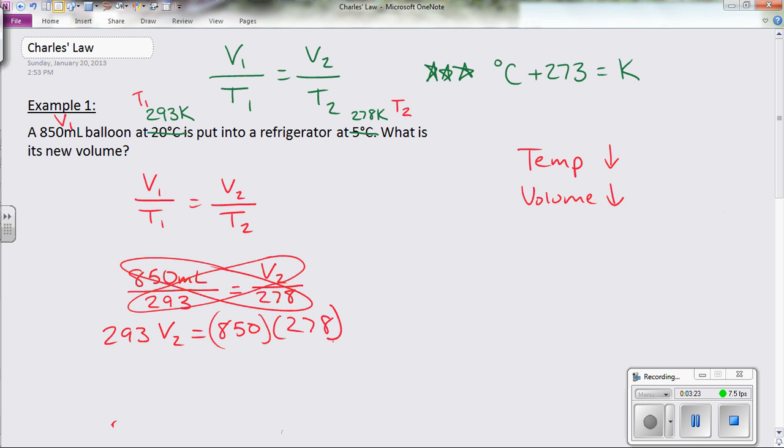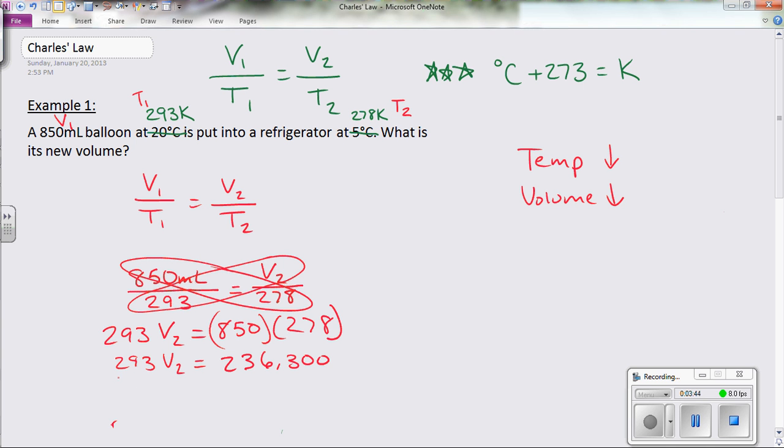All right, let's first deal with the side that doesn't have the variable. If you do 850 times 278, you should get something along the lines of 236,300. Big number. Bring down the V2 and the 293.